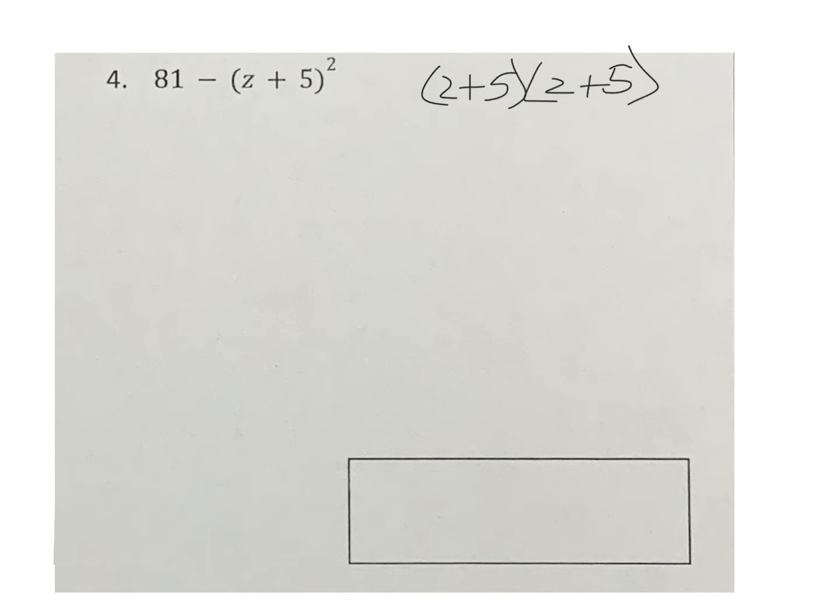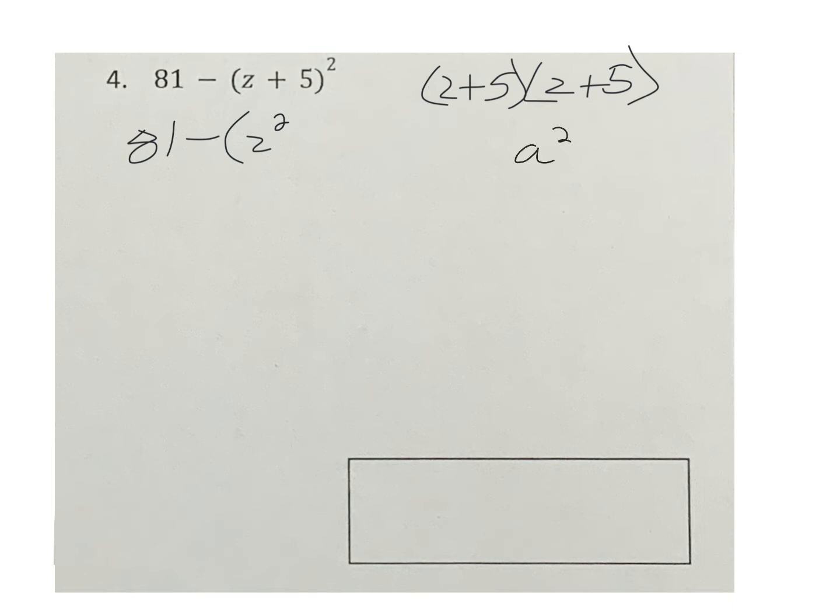Okay, and when you FOIL that, or you may remember that z plus 5 is going to end up with z squared, a squared, and then a times b times 2, okay? Remember our formula.